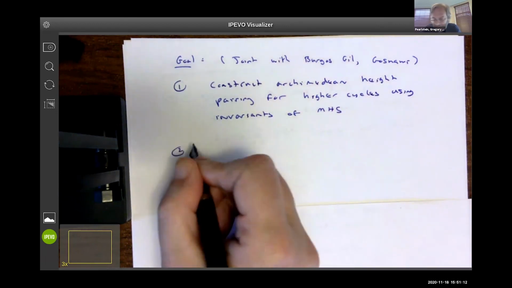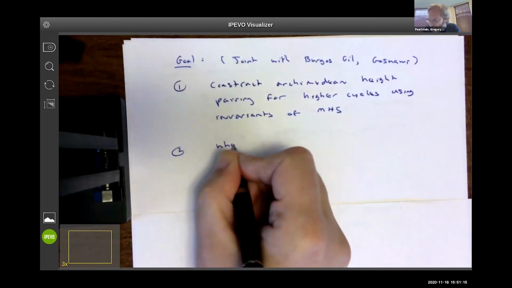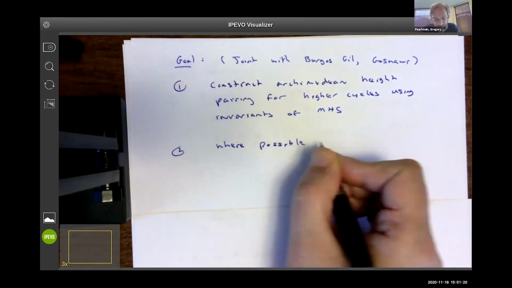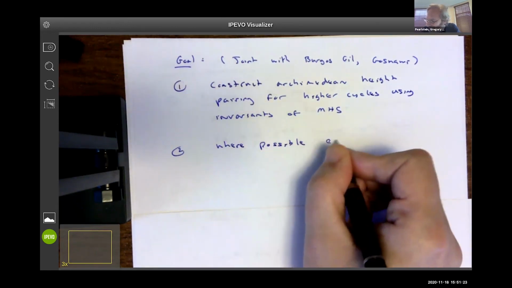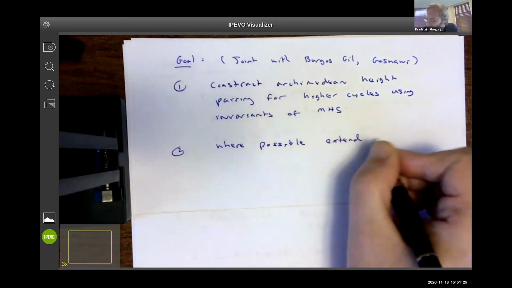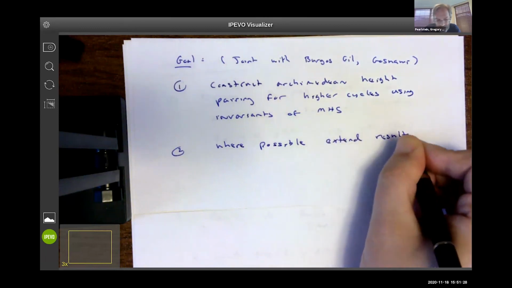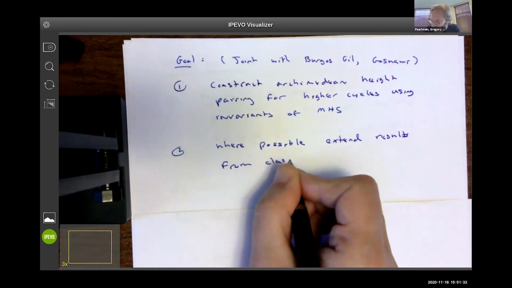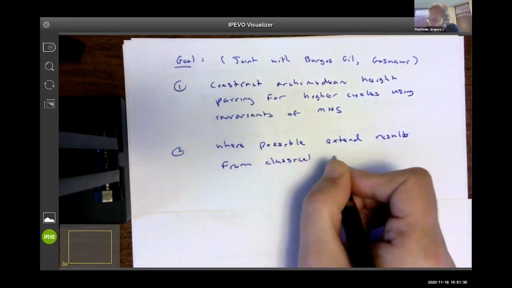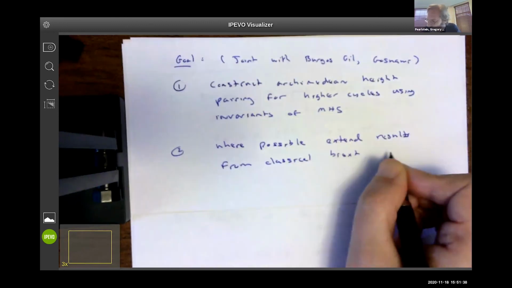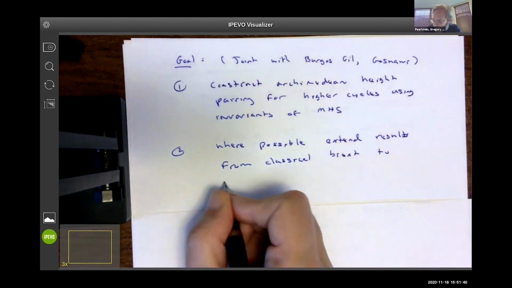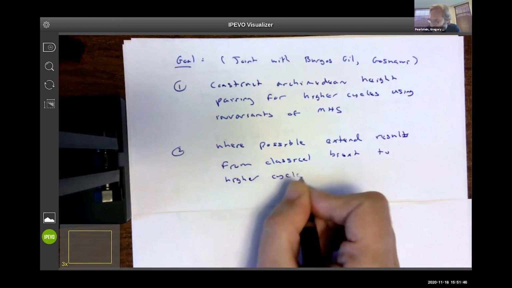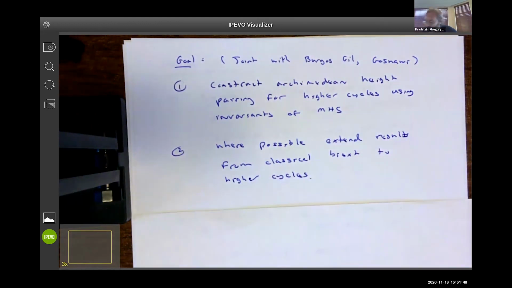And two, where possible, extend results from the classical biextension setting, like what I did with Patrick, to higher cycles. Okay, so those are the goals.